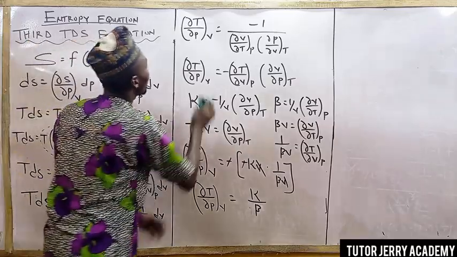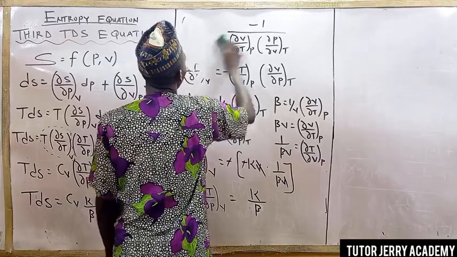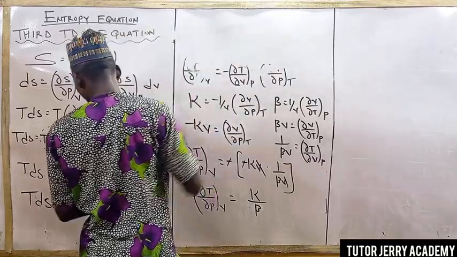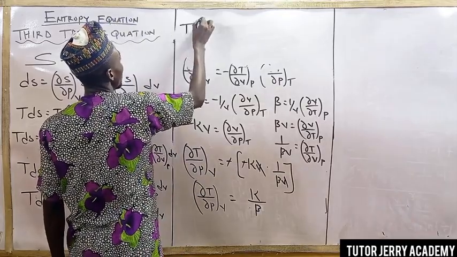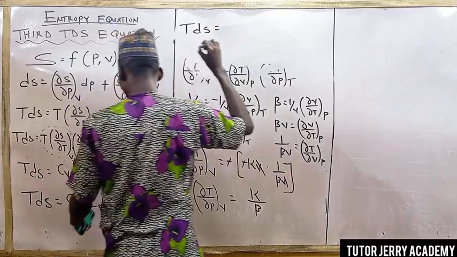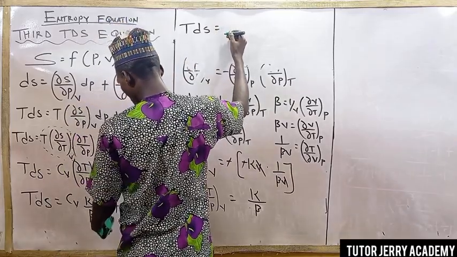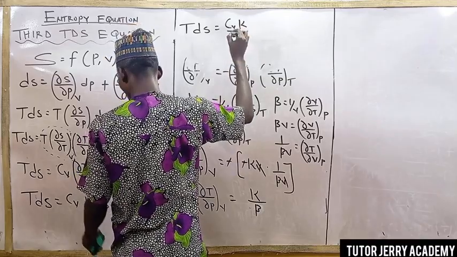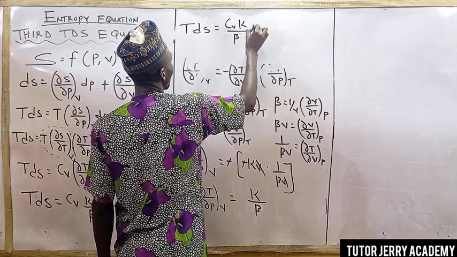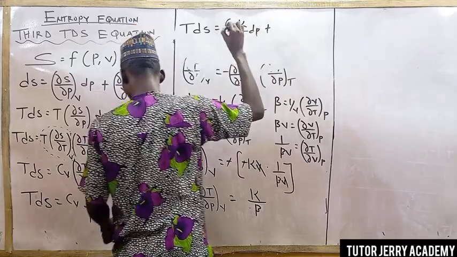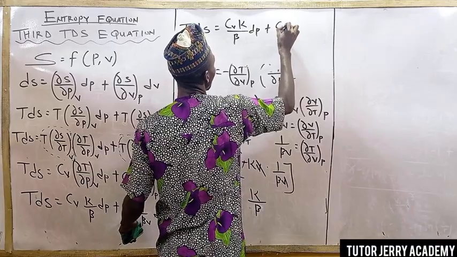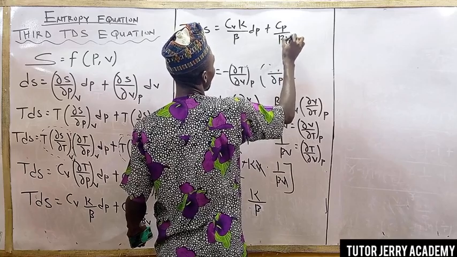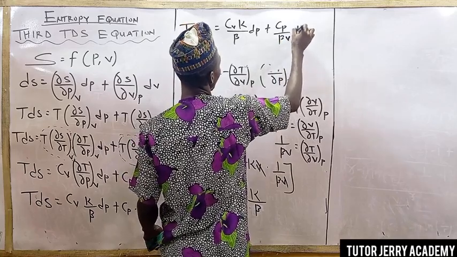All right, so we can finally write this TdS equation as TdS equals Cv K all over beta dP plus Cp all over beta V dV.